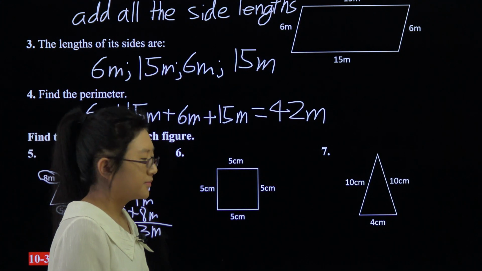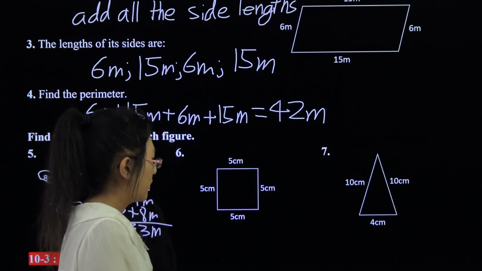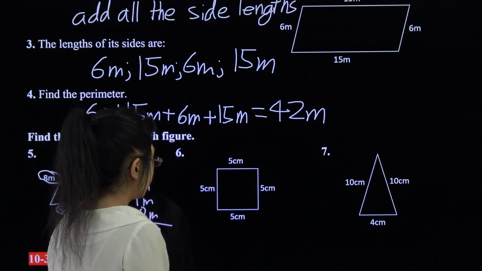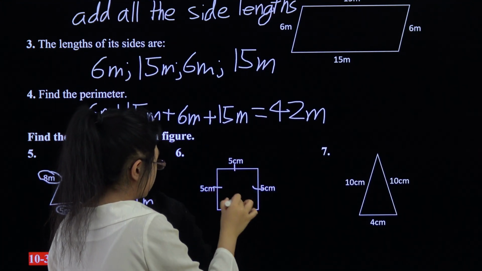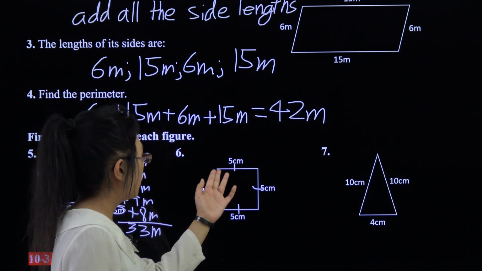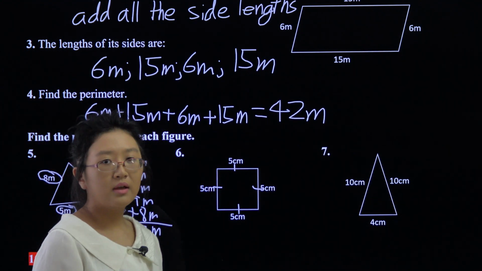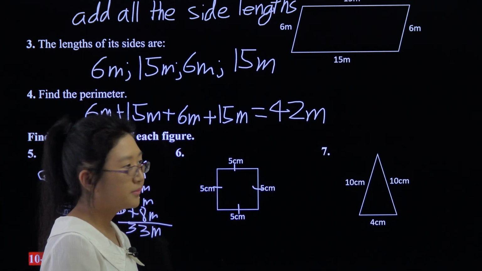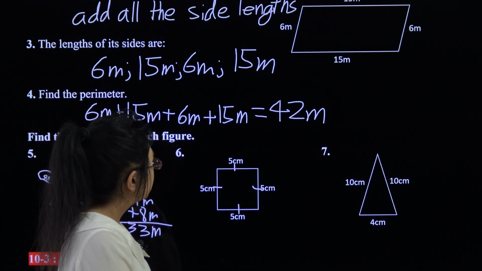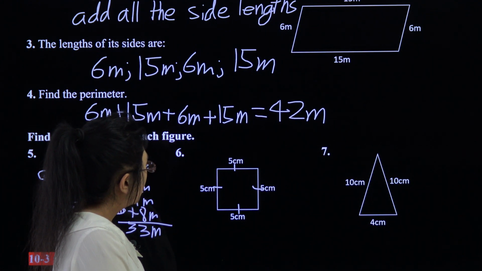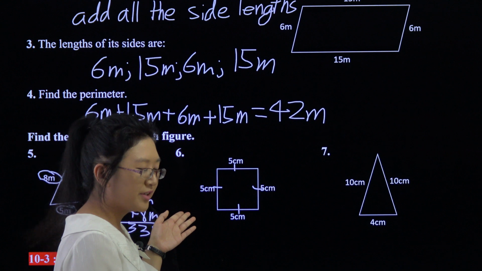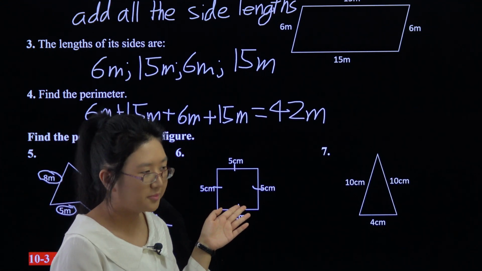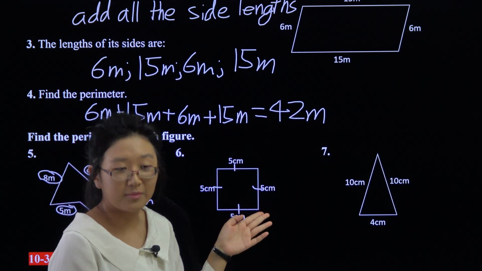Now question number 6. Remember those markings that I told you? Well, since the sides are all 5 centimeters, the markings are all going to be equal too. So 5 centimeters plus 5 centimeters plus 5 centimeters plus 5 centimeters.